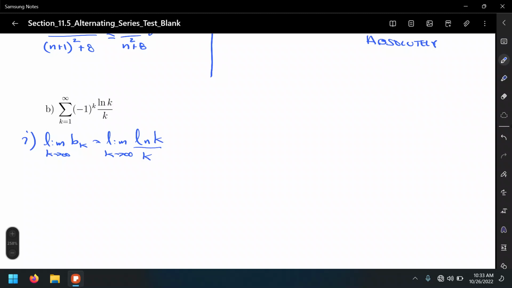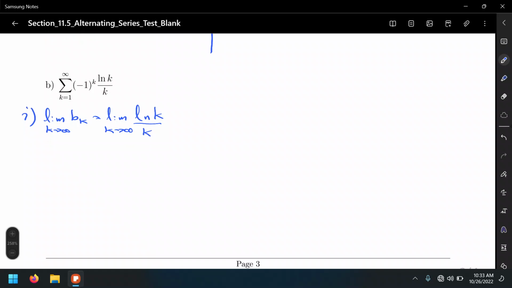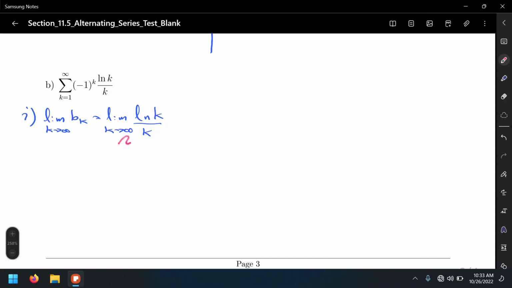Well, let's compute this limit. What we usually do is direct substitution. For other limits, it was just really easy to substitute the value, and we got a 0 in the end. In this case, if we use direct substitution, ln of infinity over infinity is an indeterminate form.